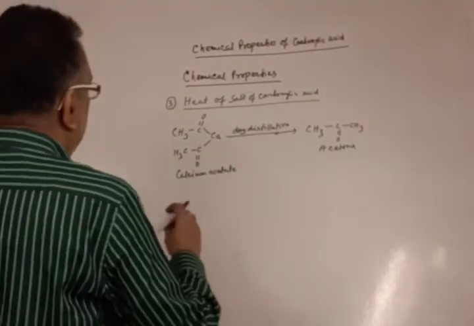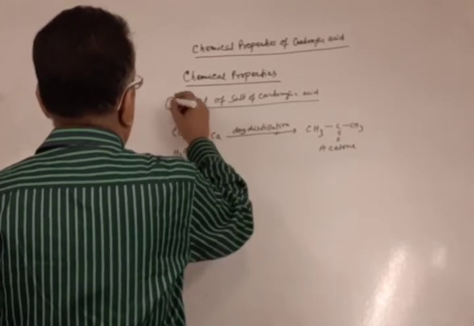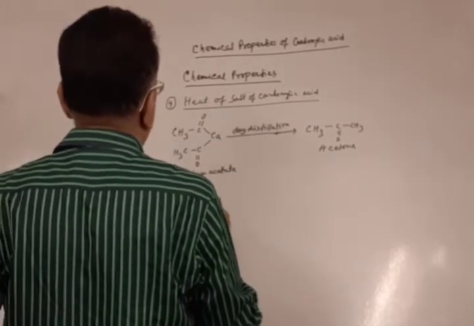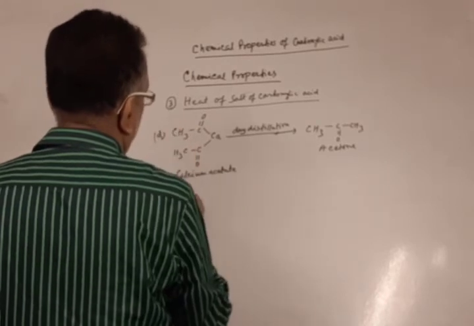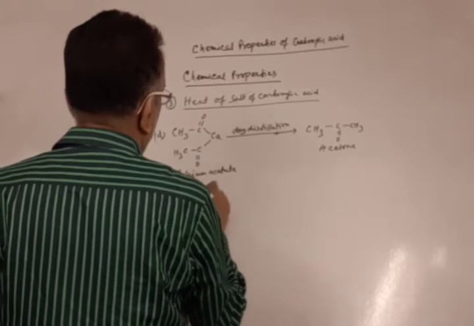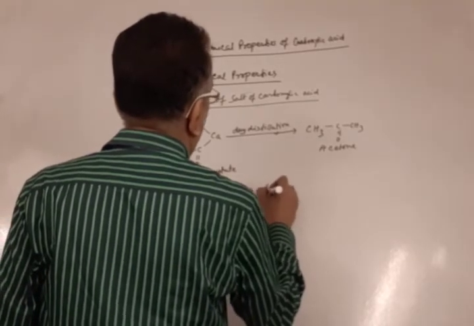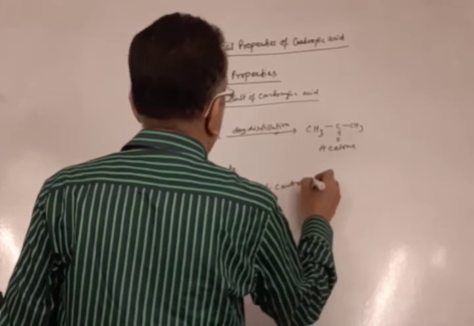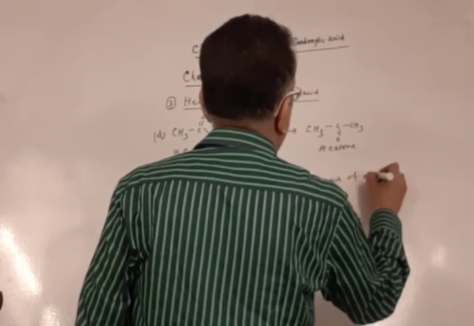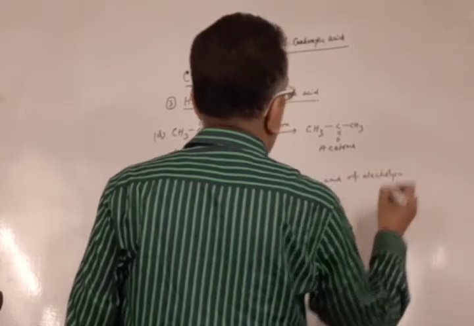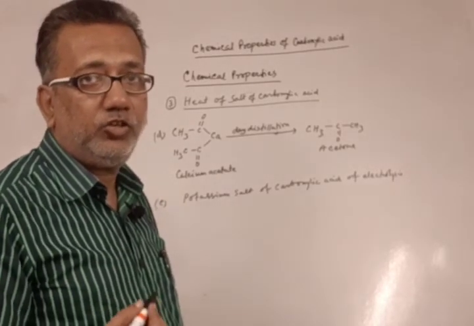And another is the potassium salt. This is number 4, I think, and this is D. And E, the potassium salt of carboxylic acid on electrolysis produces alkane and carbon dioxide.